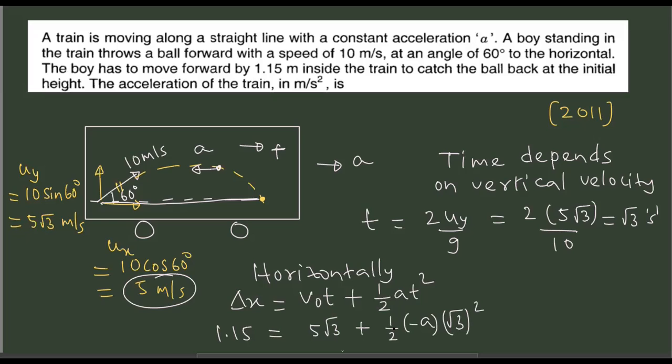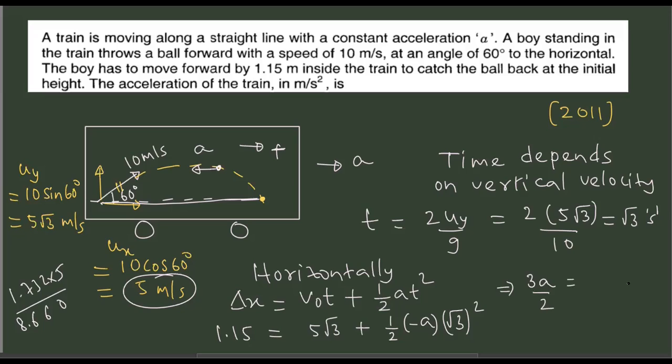Then 5 root 3 is like 1.732 into 5. How much is that around? If I multiply that, it will be 8.66. So here we have 3a by 2 equal to 8.66 minus 1.15.